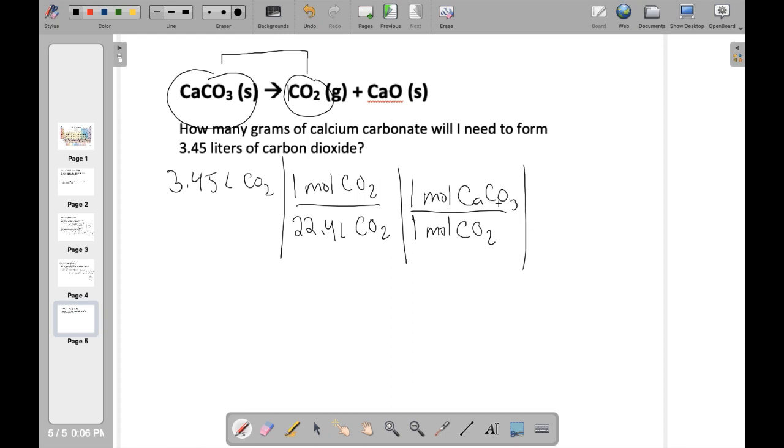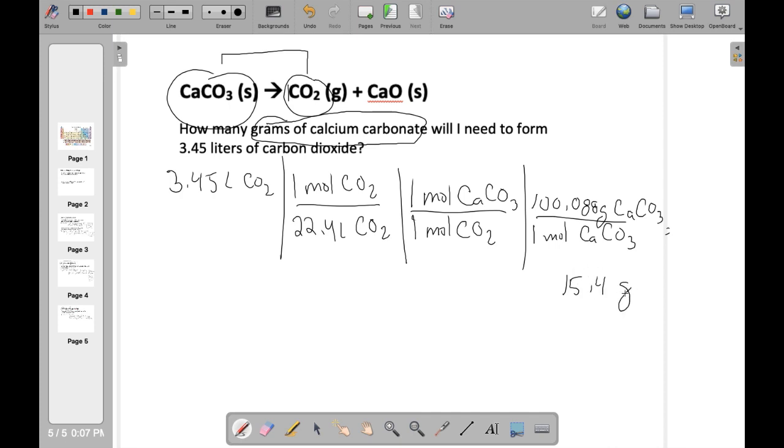Now, I need my answer in grams of calcium carbonate. Well, 1 mole of calcium carbonate will equal about 100.088 grams of calcium carbonate. So yet again, I went from volume to moles to grams. And if I do that math, I get about 15.4 grams of calcium carbonate.